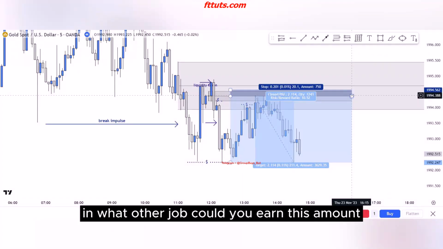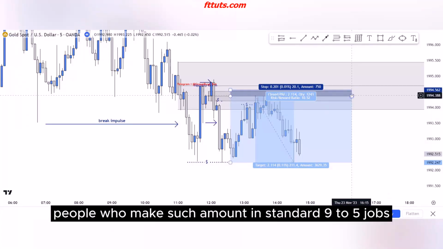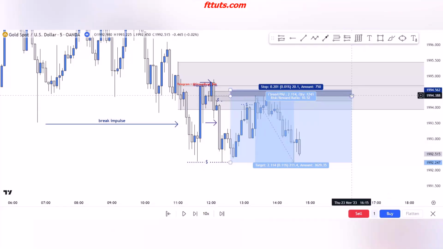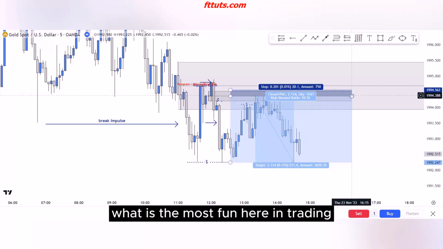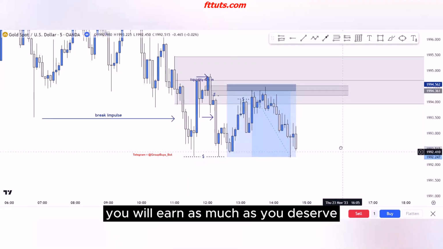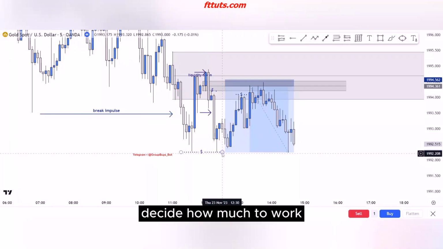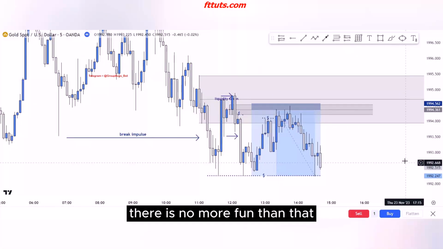In what other job could you earn this amount? I don't know people who make such an amount in standard 9-to-5 jobs. These people always have a limit on their salary. What is the most fun here in trading is that there is no ceiling. You will earn as much as you deserve. It's yours. You decide how much to work, how and when to work. You are your boss. There is no more fun than that.